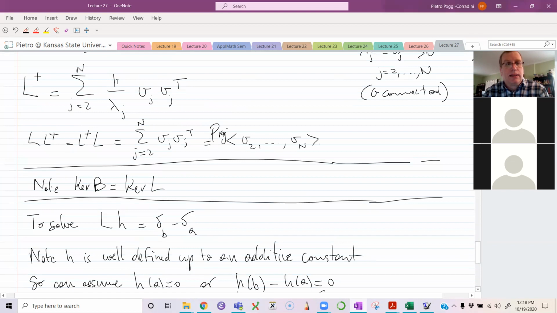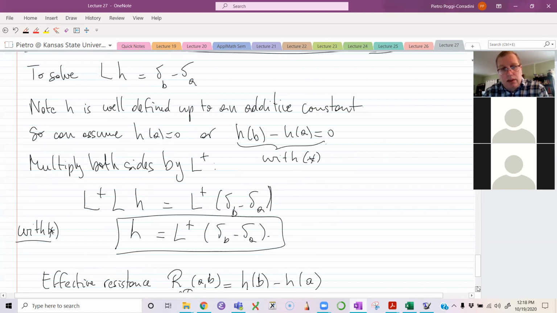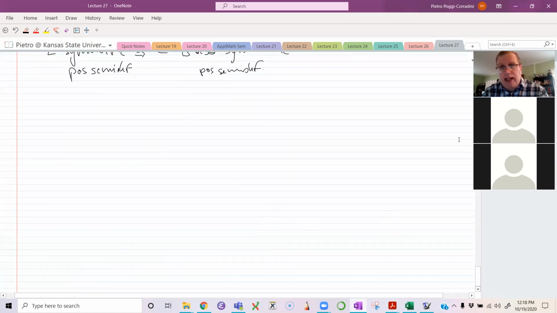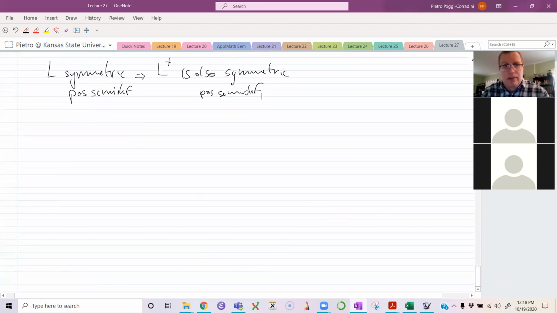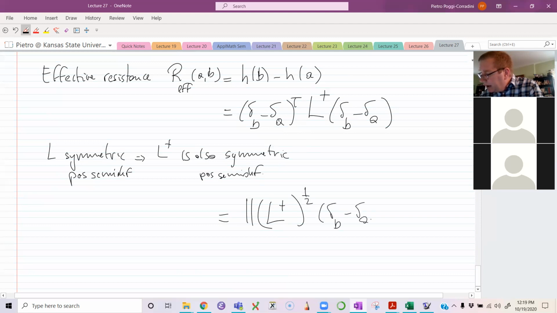And so in particular, you can define a square root of L plus, by taking the square root of those lambdas, which are the sigmas that we were talking about before. So you could rewrite this as the norm squared of L plus to the 1/2 applied to delta B minus delta A, which is a useful observation sometimes.